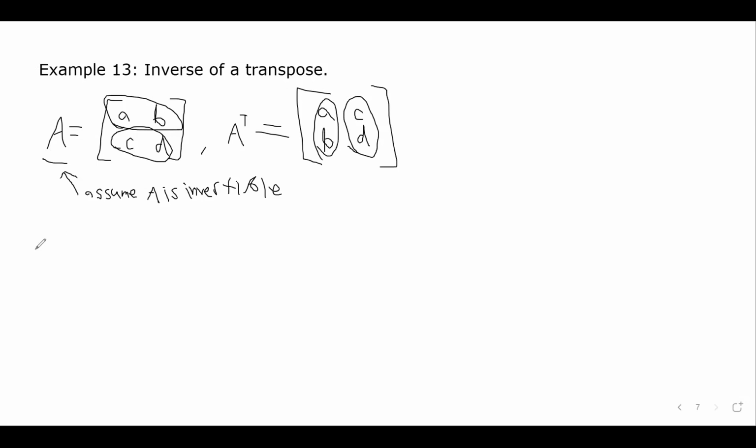And so since A is invertible, that implies that A times D minus B times C does not equal 0. Right? A times D minus B times C does not equal 0.